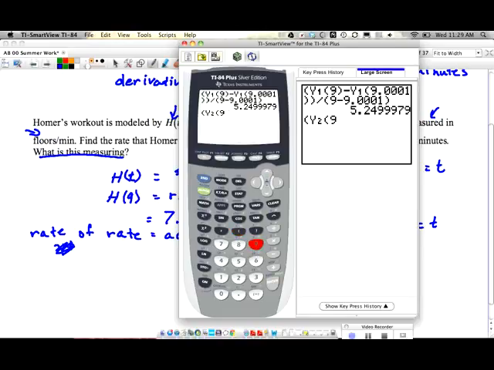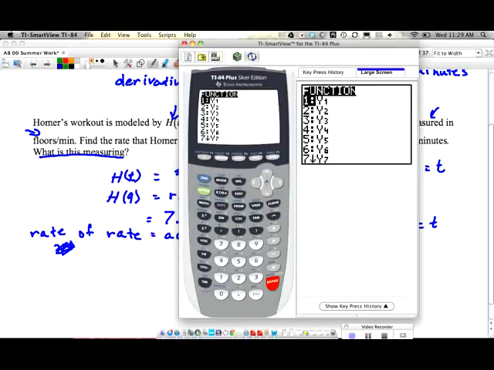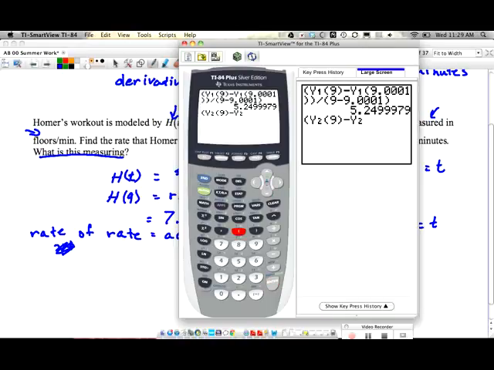So we're going to subtract vars, y vars, function y2 of 9.0001. We're going to divide that by 9 minus 9.0001. There's the change in the vertical and the change in the horizontal there. So let's find it.